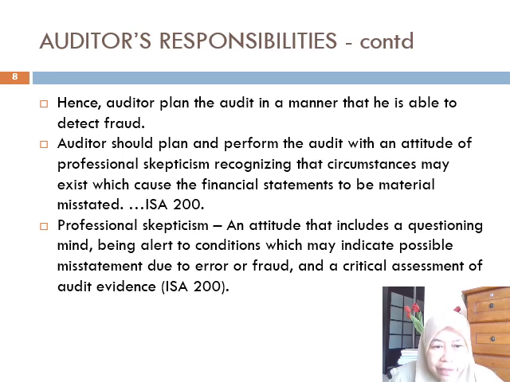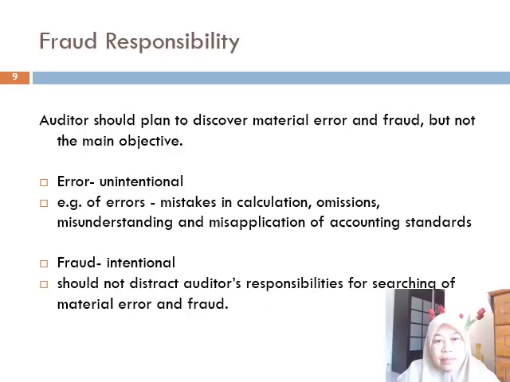What is professional skepticism? According to ISA 200, it is an attitude of mind that includes a questioning mind, being alert to conditions which may indicate possible misstatement due to error or fraud, and a critical assessment of audit evidence.